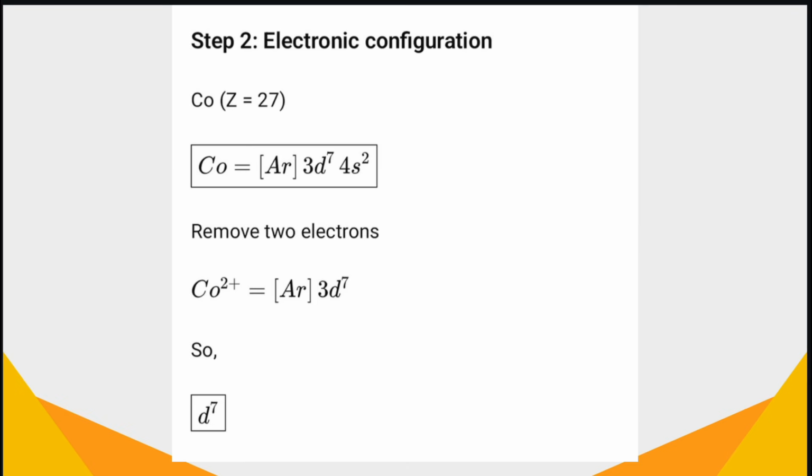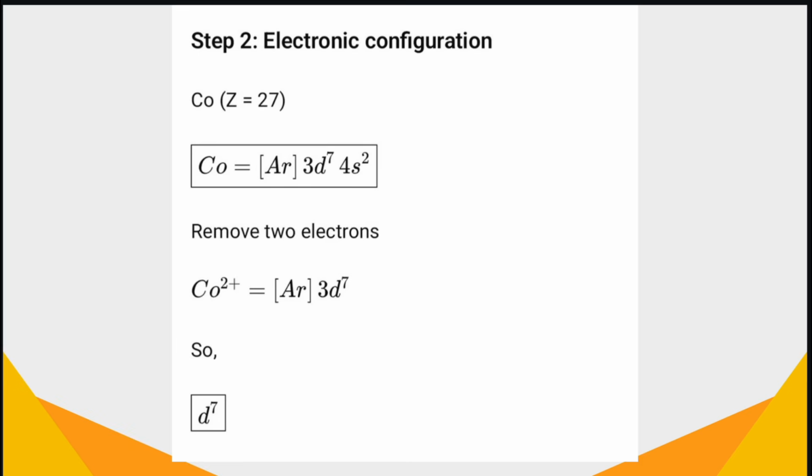Now in step 2 we will see the electronic configuration for cobalt. Cobalt has Z equal to 27, so Co is argon 3d7 4s2. Now the cobalt oxidation state is plus 2, so Co2+ is argon 3d7.